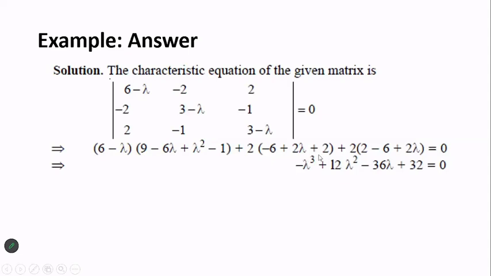This is the very first expression which we will get from the determinant calculation. My recommendation is, if you further solve this particular expression, you will be able to get this cubic polynomial.